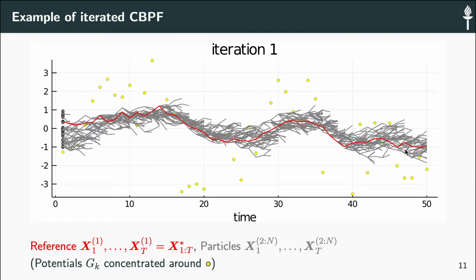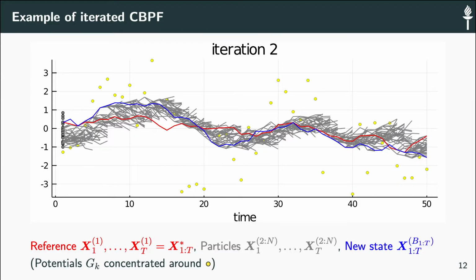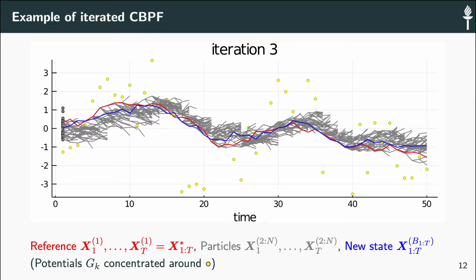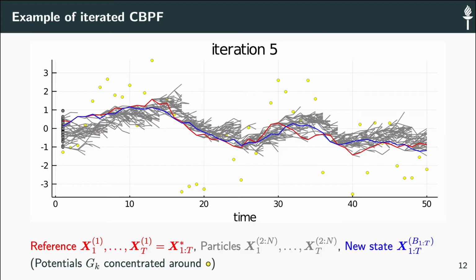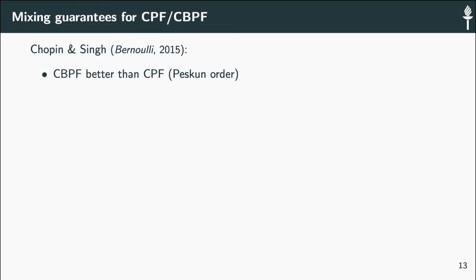So we can choose any one of the particles, any one of the gray points at any time instant. This often leads to the blue trajectory being quite dissimilar from the red trajectory. So you can imagine that this mixes much better. And indeed, at least we know that it cannot mix worse than without the backward sampling.